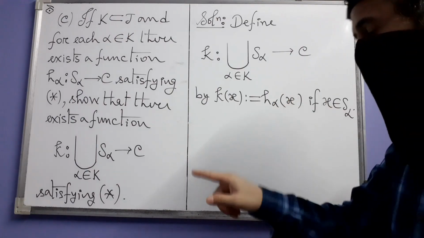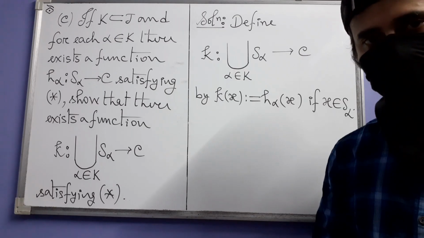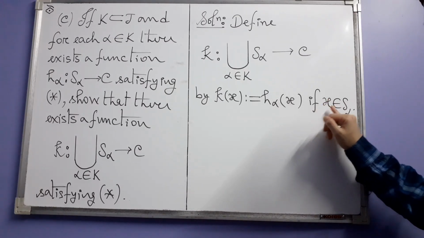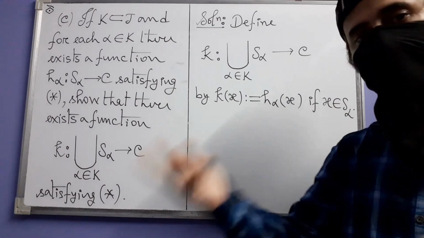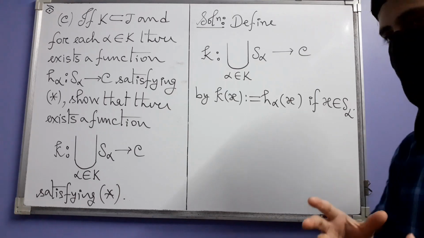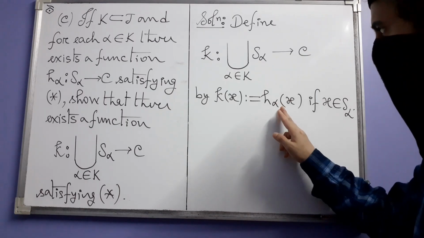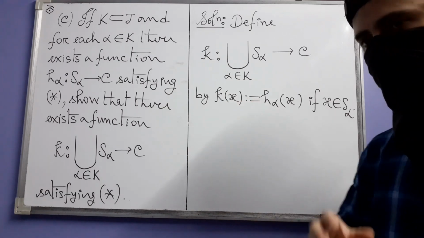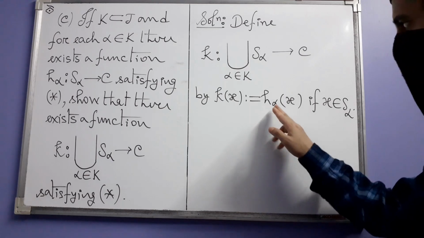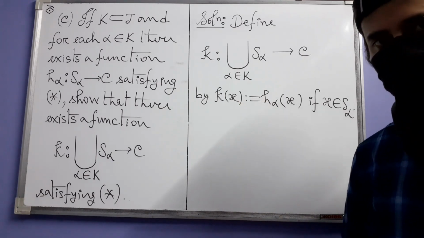It is not given that the sets S alpha are mutually disjoint. So if our input X belongs to more than one S alpha, which H alpha should we apply on X? In other words, is this K of X really going to be unique? If it is not unique and if it depends on the choice of alpha, then this is not a function, this is a general relation.